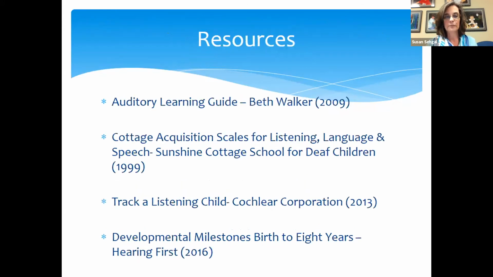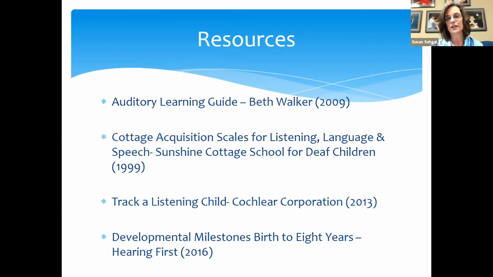We won't talk much about assessments, but assessments do play an important role in finding out where a child's strengths and challenges are, and that helps us identify what goals we want to work on. Some of the resources that I like to look at are the Auditory Learning Guide from Beth Walker, which was developed in 2009.